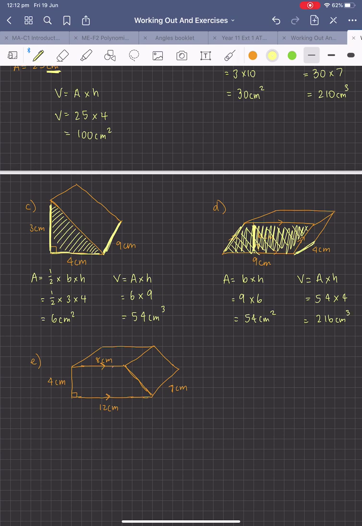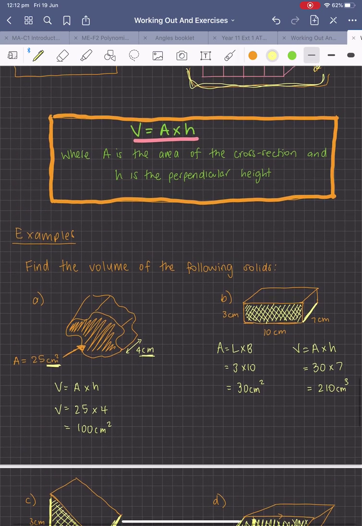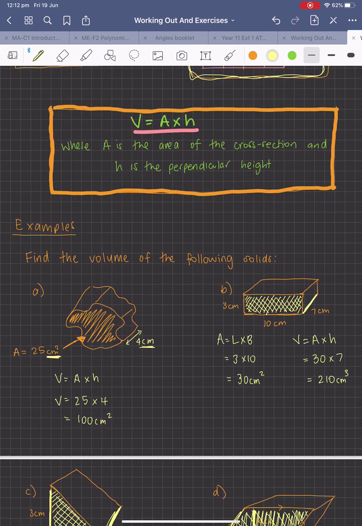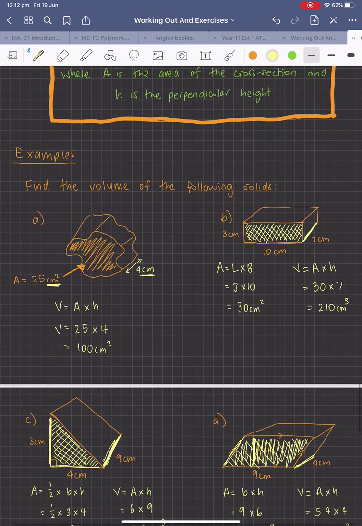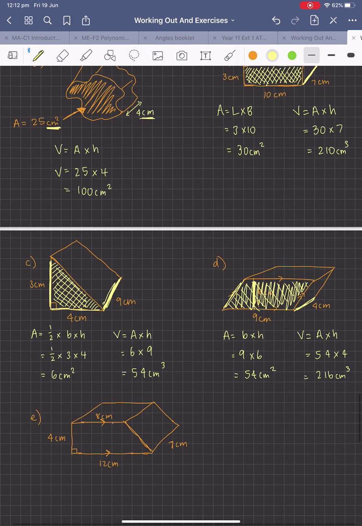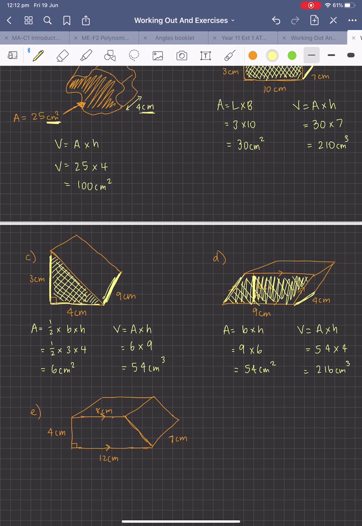Please don't just write an answer without working out. You need to show that you have found the area of the face and then you have multiplied it by the height of the prism. Now the height of the prism, as we said back here, h is the perpendicular height. What that means, it's the length that meets at a right angle with the face. So it's perpendicular to the face.